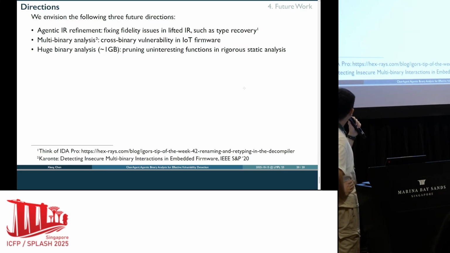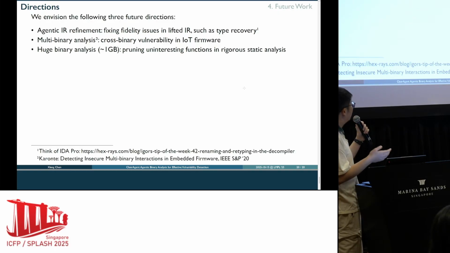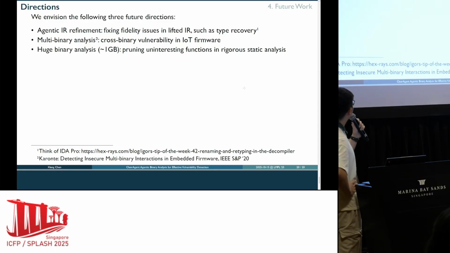We envision the following three future directions for our agent. The first is agentic IR refinement, which we can think of like the renaming and retyping functionalities in IDA Pro. The lifting or binary analysis is not a one-time effort, and we should give it the functionality to iteratively refine the IR or the decompiled code.